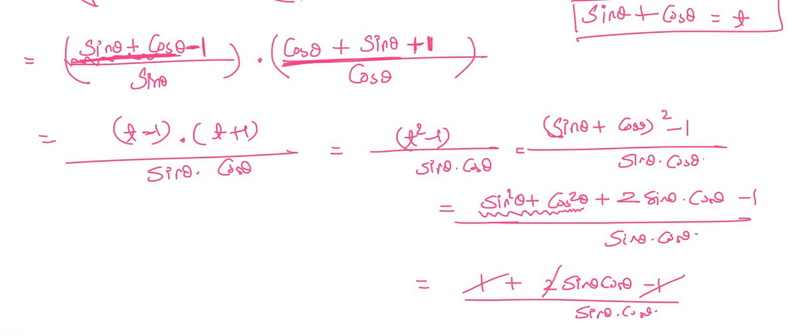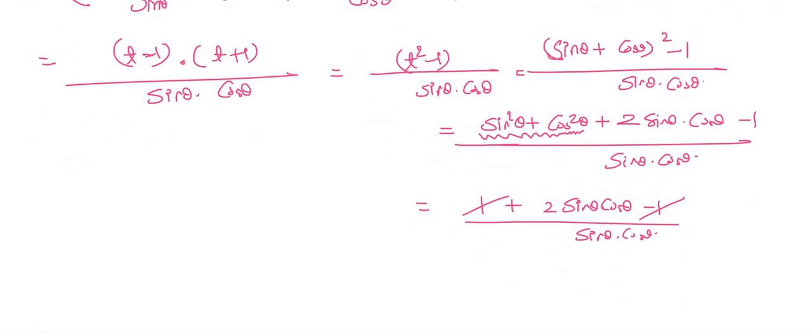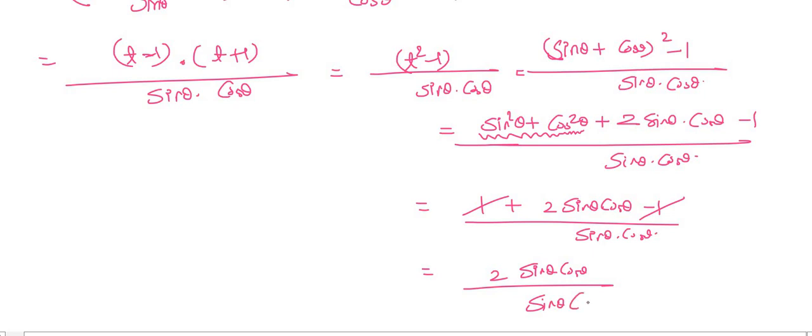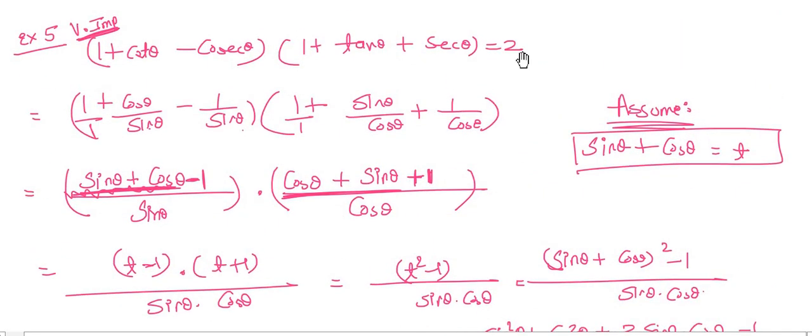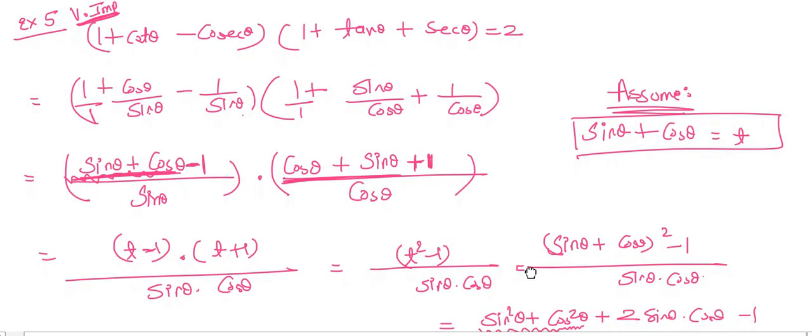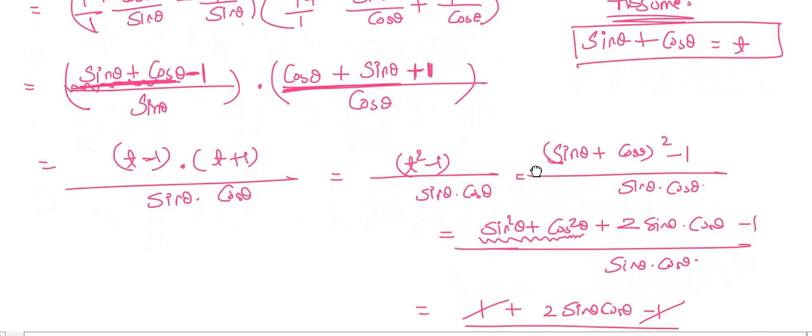I'm sorry, 2 will not cancel. Let me write down what will come here: we will get 2 sin theta cos theta by sin cos. So these are cancelling and we are getting 2. So this is proved. This was the question to be proved too. Hence proved.